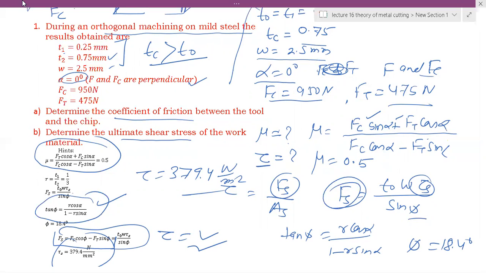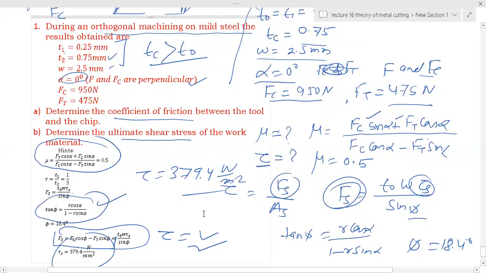Everybody is clear? Tell me. Please tell me whether you have understood the formula or not. So guys, formula, okay Praveen.